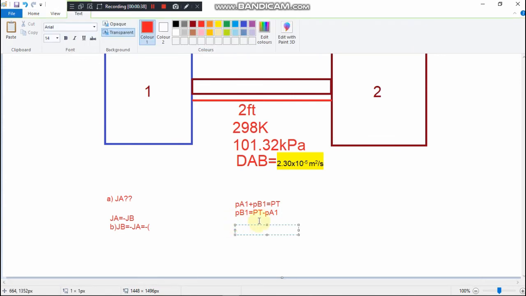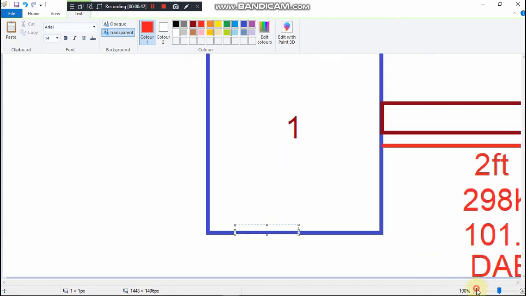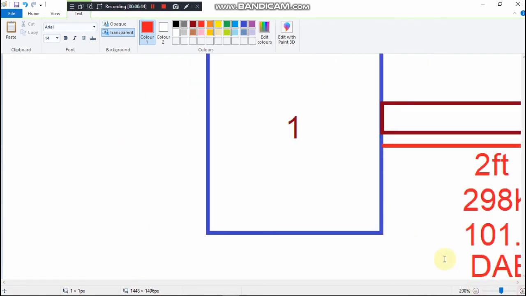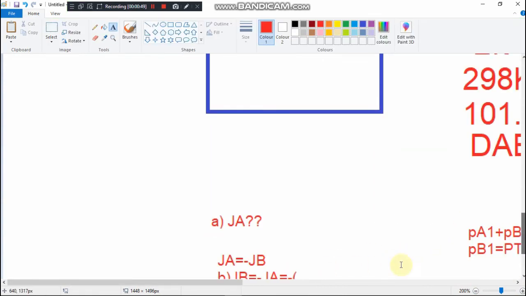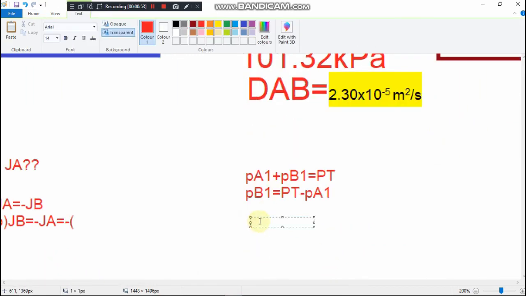Same goes if you want to get the value for PB2. PA2 plus PB2 is equal to P total.